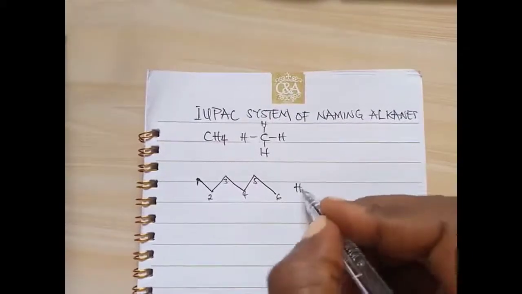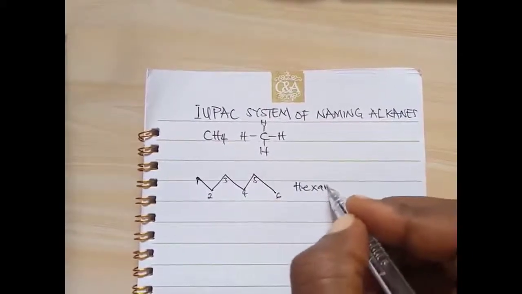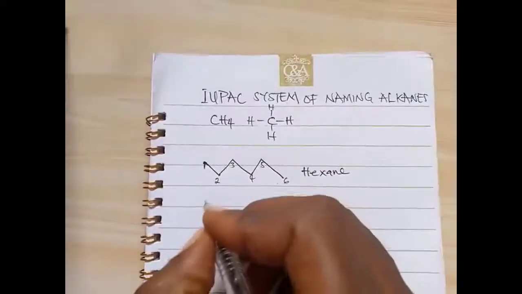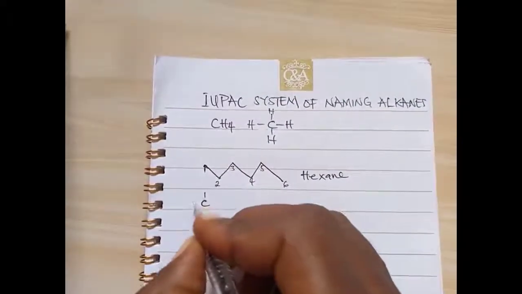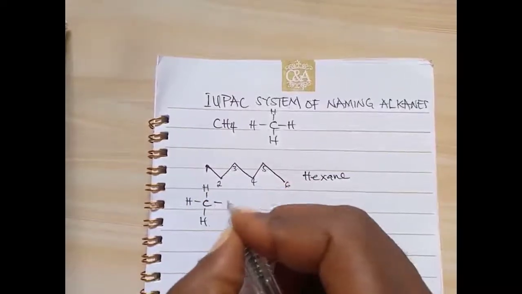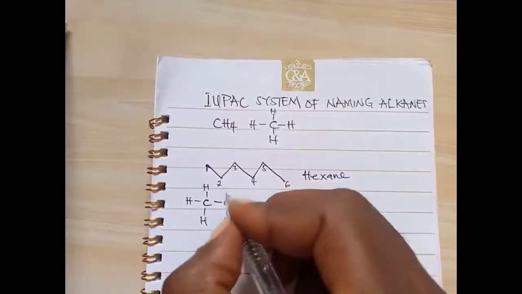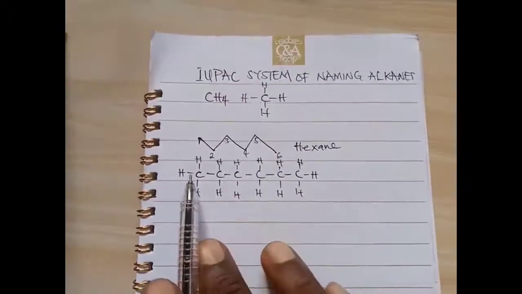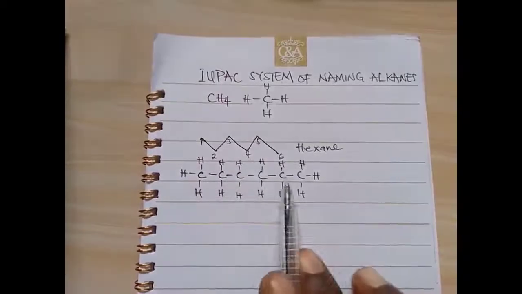So this is hexane. If I'm to draw it, it will be like this: 1, 2, 3, 4, 5, 6.